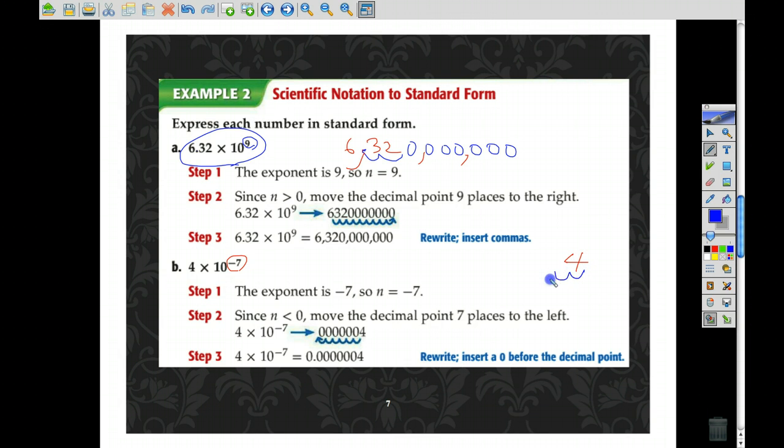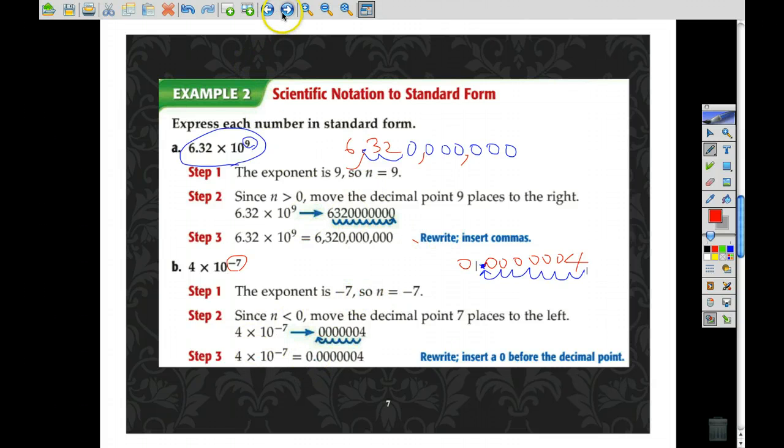So 1, 2, 3, 4, 5, 6, 7 is where the decimal point is. Everything else you just count as zeros. And there's that. So 2, 3, 4, 5. 1, 2, 3, 4. Oh, missing one more. There we go. Okay. All right.